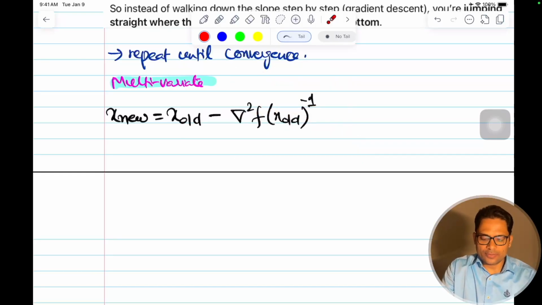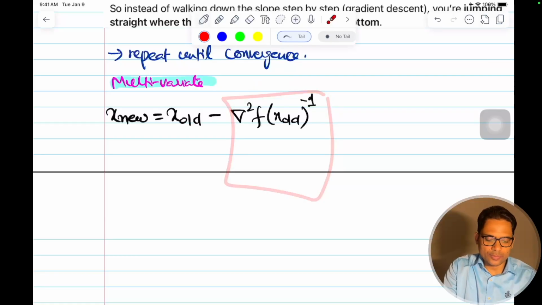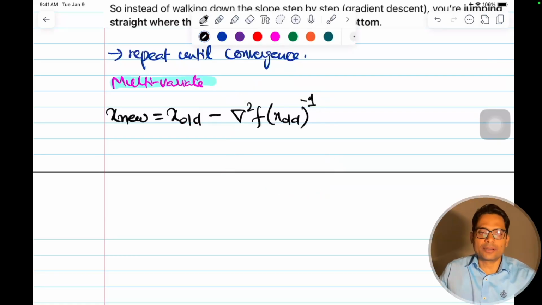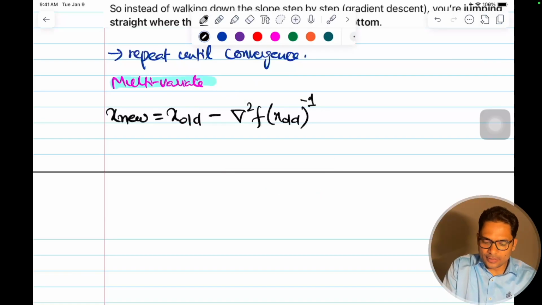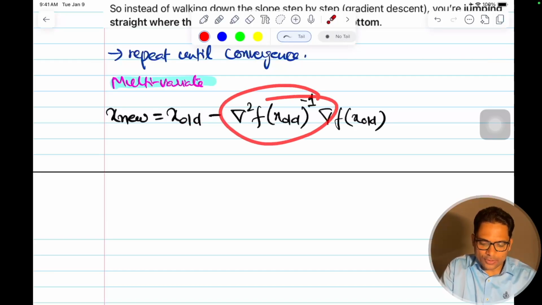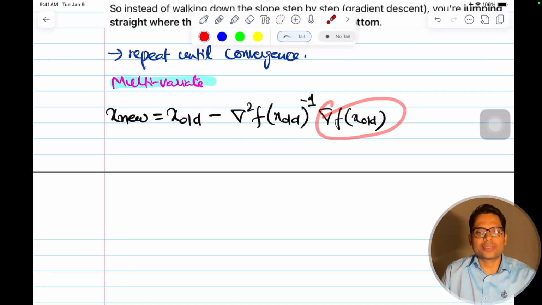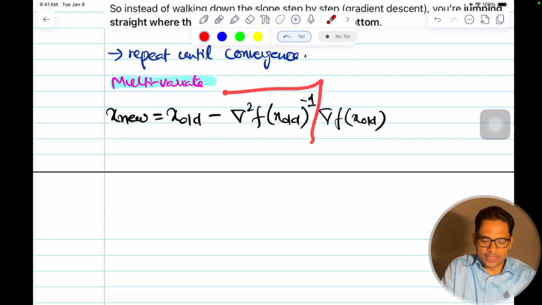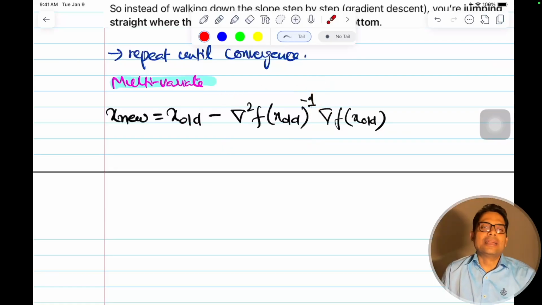The diagonals will be second order derivatives, and the others will be partial derivatives. All will be partial derivatives only, and mostly this is symmetrical. Okay, and then this will multiply with the del of f at x old. So here this is replacing your learning rate, and the rest is the same thing. The learning rate is replaced by the negative of your second derivative.